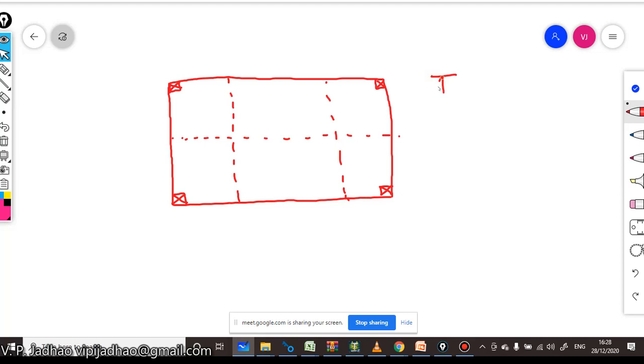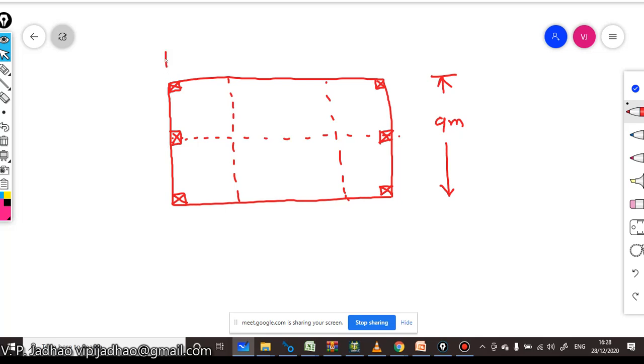Then divide your structure. Let us consider this span is 9 meters. Then a 9 meter span for this particular beam will be very high. Therefore the requirement is that this span should be reduced, so generally we place one column here. Again, the span on the left hand side is 9 meters, so place one column here.